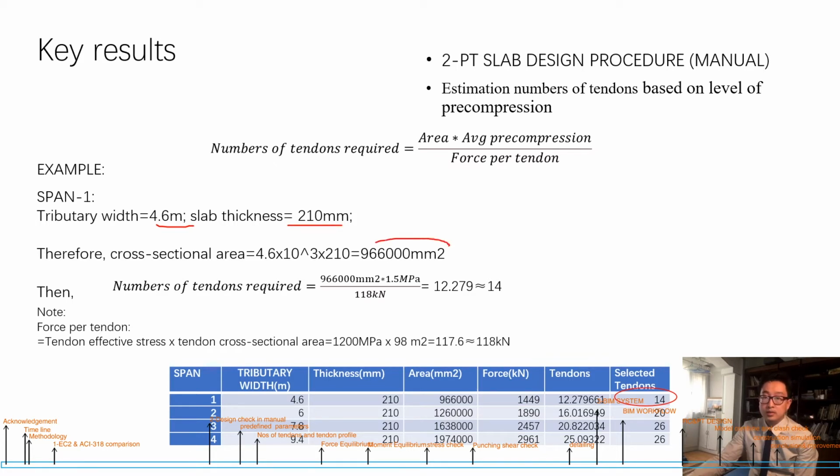So we get the cross section, and now we have a cross-sectional area. Average pre-compression is predefined in the previous slide. Based on this formula, we find the final number in this span is 14. Due to the tributary, the area will also be different, so the selected tendons will also be different for different spans.